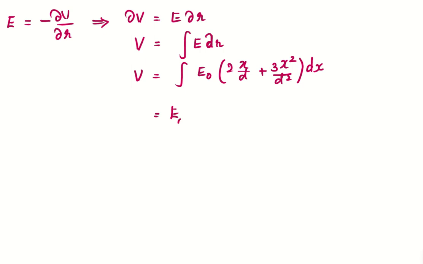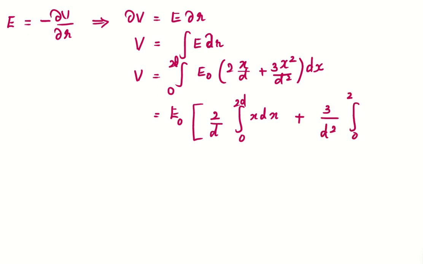E0 is actually a constant, and this integration is from x equals 0 to x equals 2d. So we can integrate the first term first. First term 2 divided by d, integration of 0 to 2d x dx, plus 3 divided by d squared, integration of 0 to 2d x squared dx.